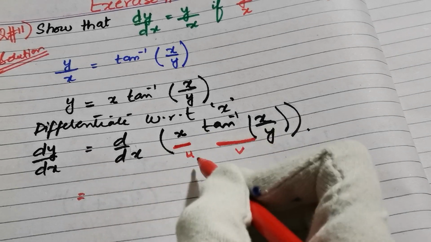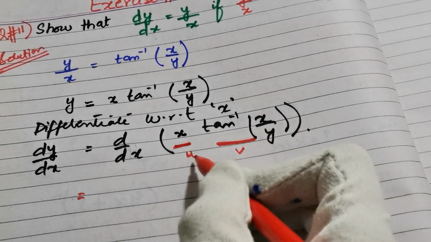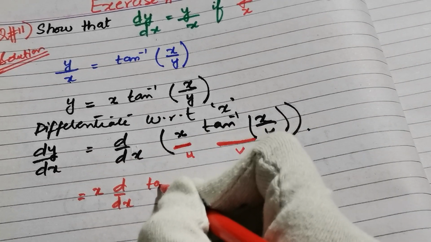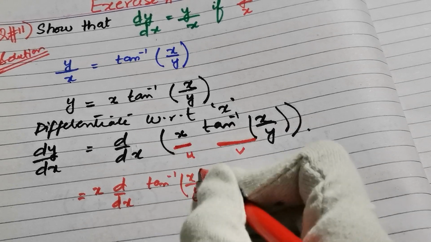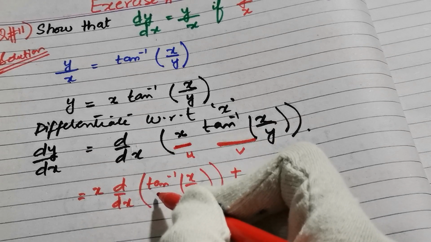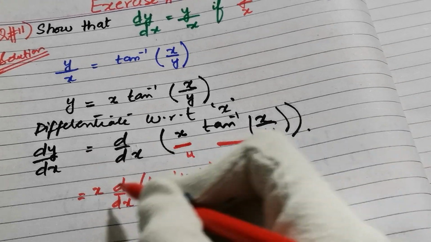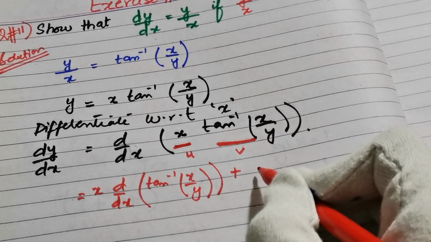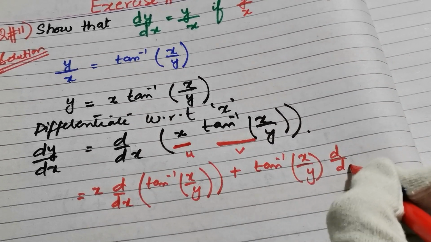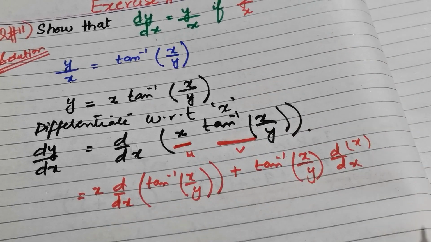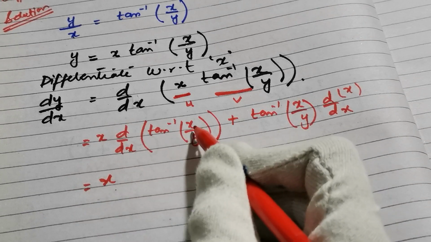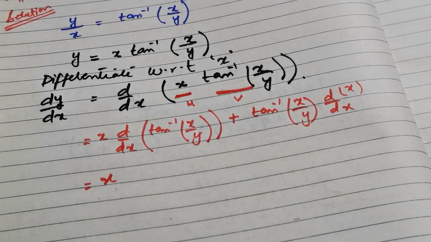Now u times the derivative of v, which is tan inverse of x by y, plus v times the derivative of u, which is x. Now x has the derivative of tan inverse of x.